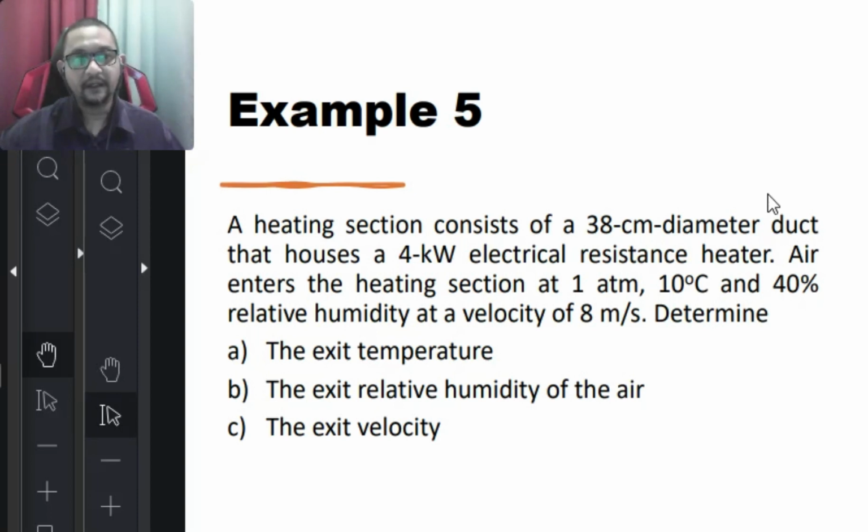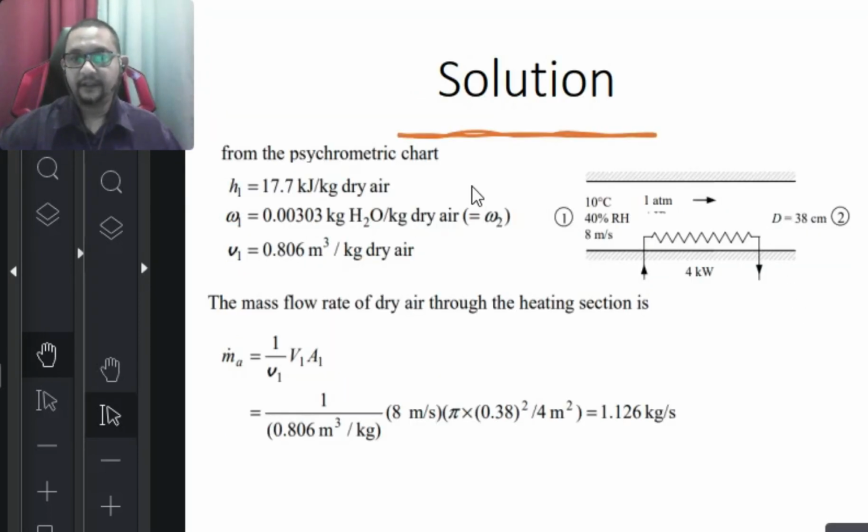First, you know the heating section is at 1 atm, the temperature at state 1 is 10 degrees Celsius, and the relative humidity is 40%. This is the solution based on what has been given in the example.